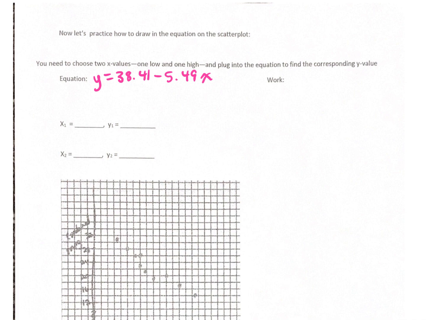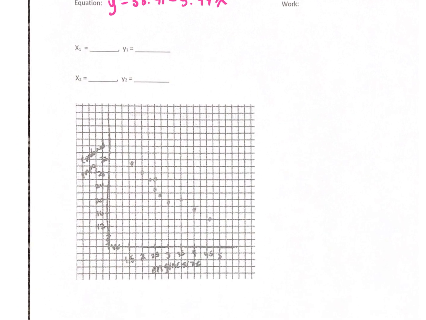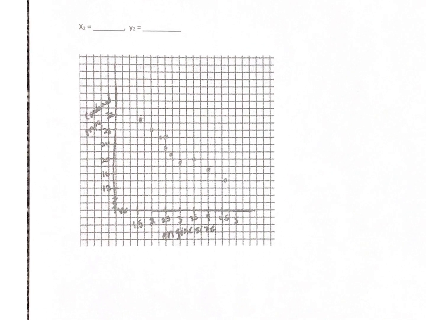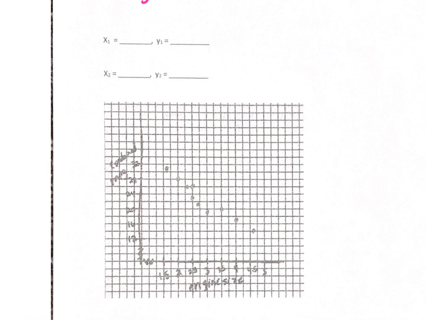So the process that you are going to do is you need to think about what your x values are, right? So think about the range of values for your x values. Choose an x value that's on the lower end of the scale, and then an x value that's on the higher end of the scale.